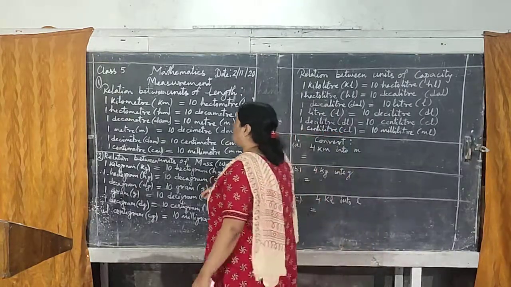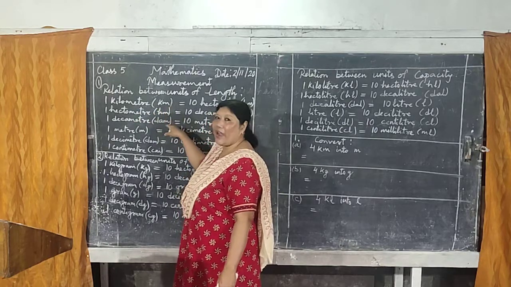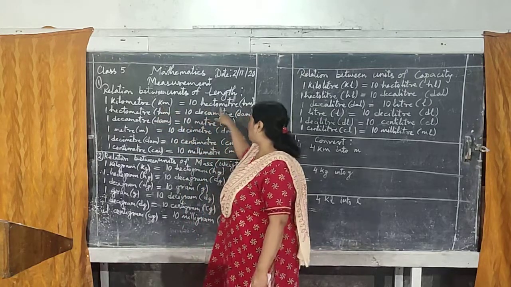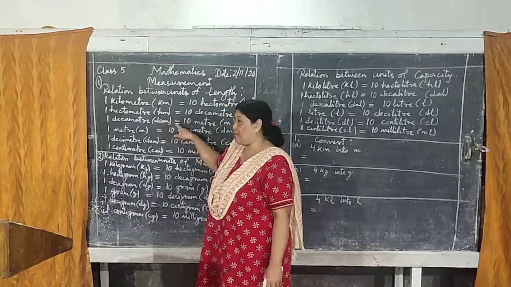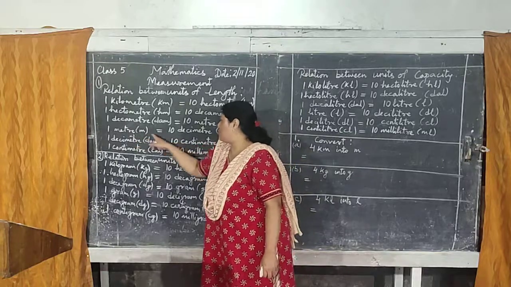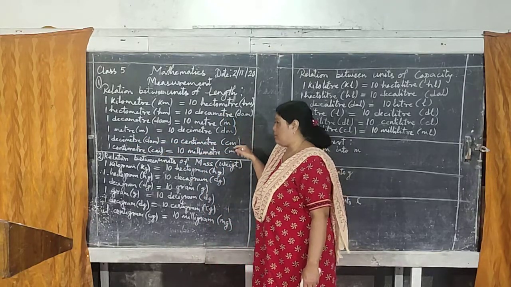So here, 1 kilometer, and the short forms I have written in brackets. Kilometer you can write km, hectometer you can write hm, decameter dam, and meter is just m. Decimeter means it's dm only.